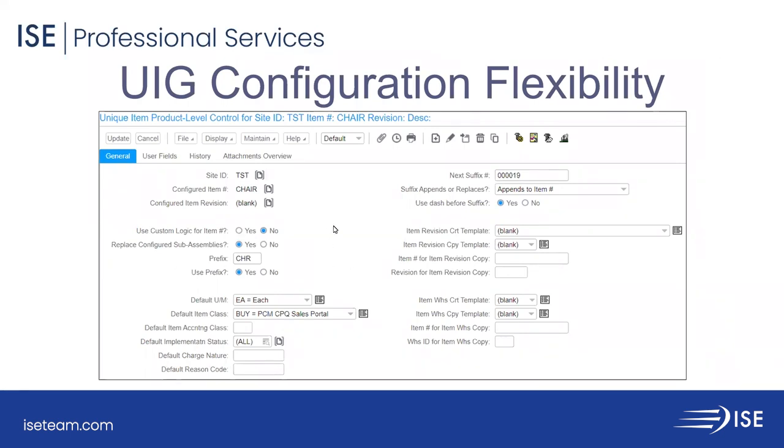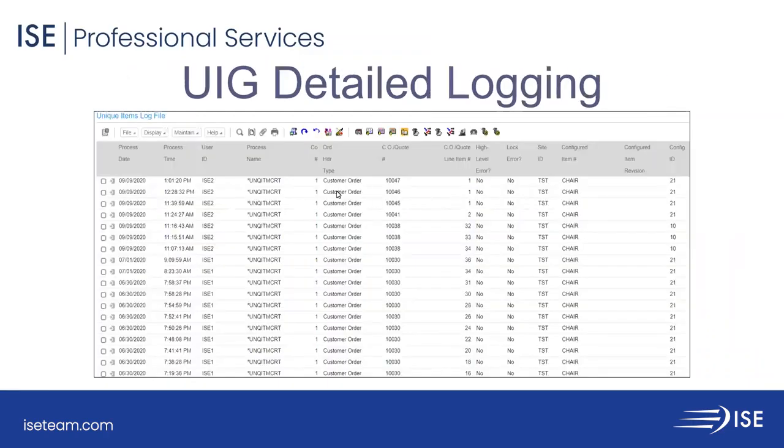So they wanted to have control over the item numbers. But if you don't want CPQ to do that, this is pretty flexible, this setup here. We have detailed logging: every single line item where you replace the configured item process with a unique item revision gets logged. And of course, all the subtasks like creating an enterprise item, creating the item revision, creating the item warehouse, et cetera, all that gets logged as well.